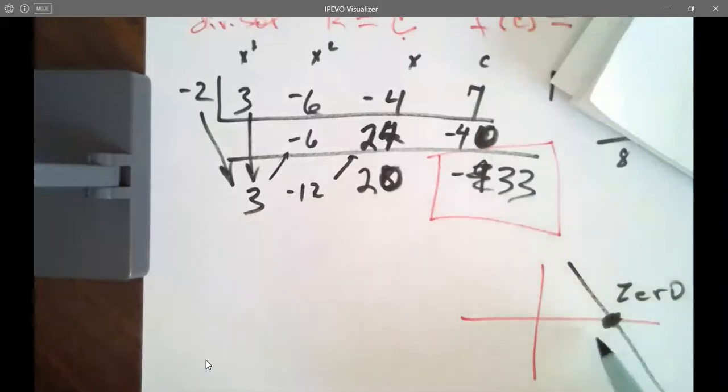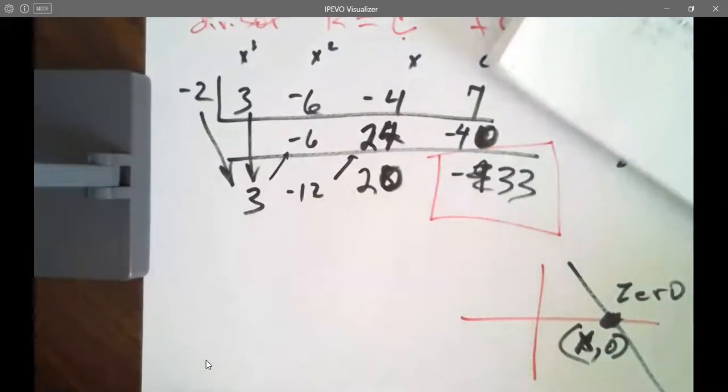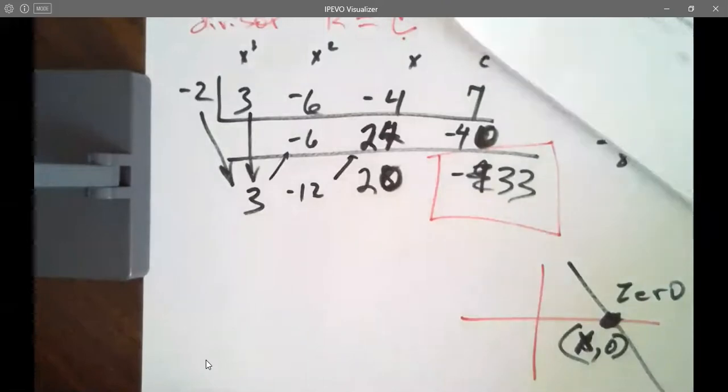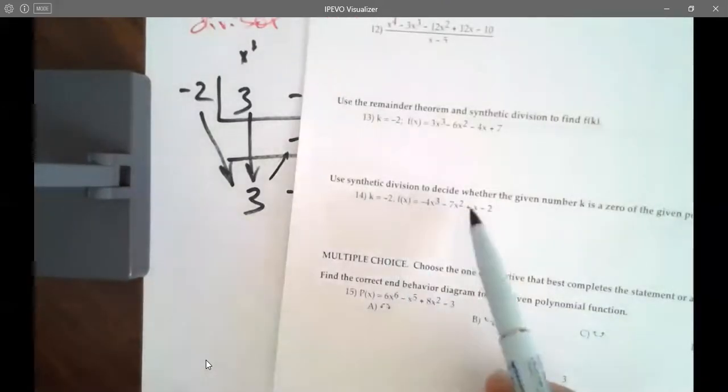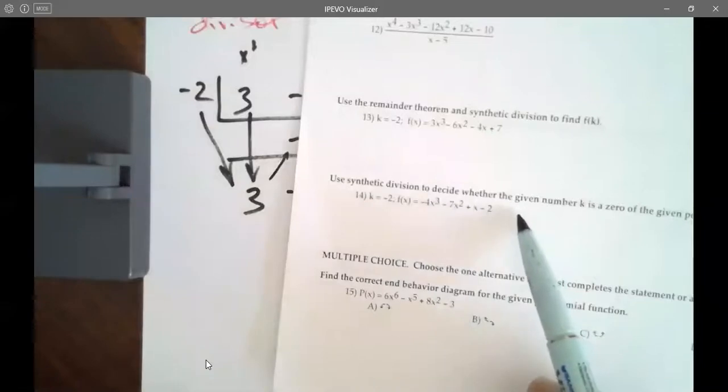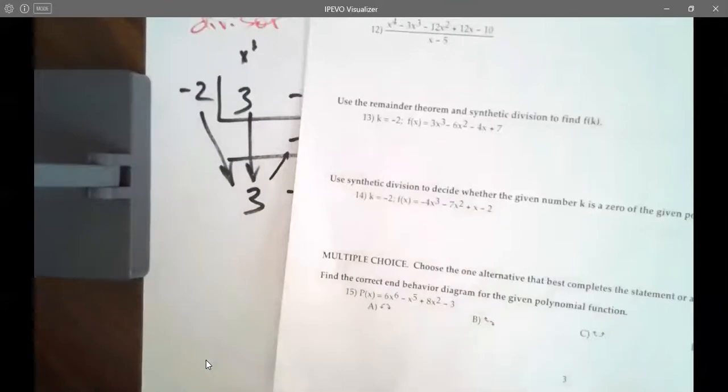So this is some number x, y is 0, but it's some number x. So that's why they call it a 0, because it intercepts the x-axis and y is 0. So if you were to substitute negative 2 here and get a 0 out as a remainder, then it's a 0. Okay? Do you need to see that one?